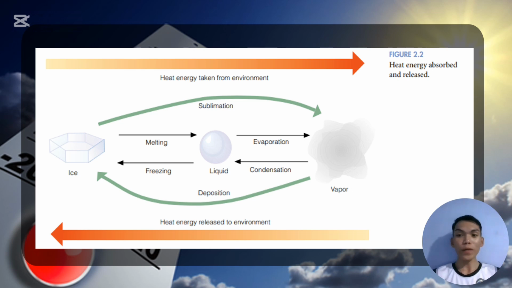It starts from ice, melts, then evaporates through the sublimation process and forms a vapor. From that vapor, it condenses and turns into a liquid, then freezes and goes back to become ice through the process of deposition.